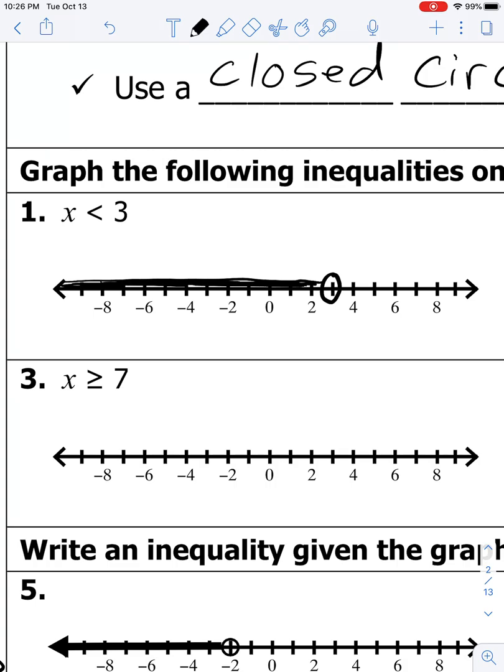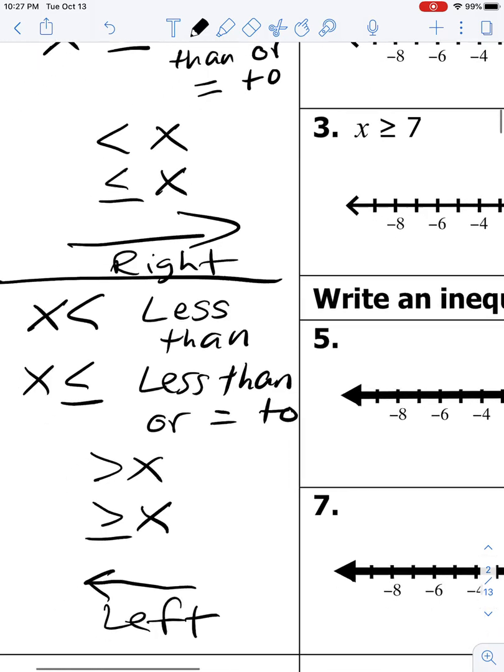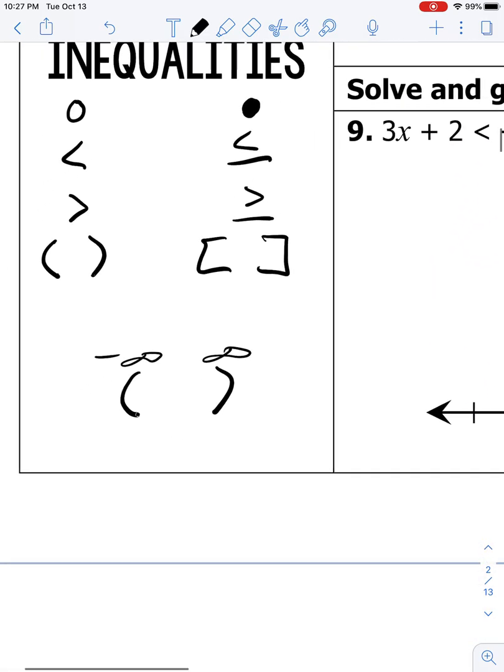That was pretty simple. Now, interval notation is always what is the shaded in area from left to right. Always from left to right. So it starts right here on the left, the arrow. That arrow is negative infinity. So remember, when we come back down here on the notes that I just gave you, negative infinity is a left parenthesis.